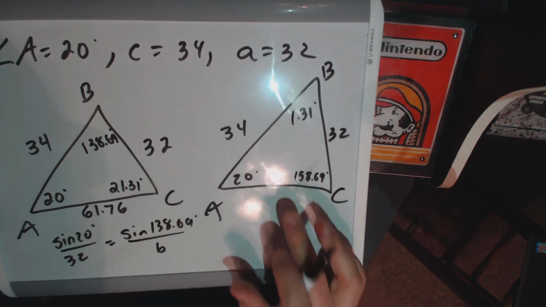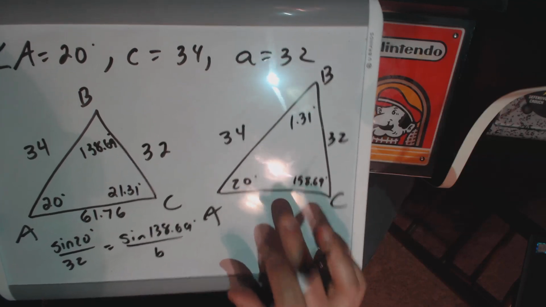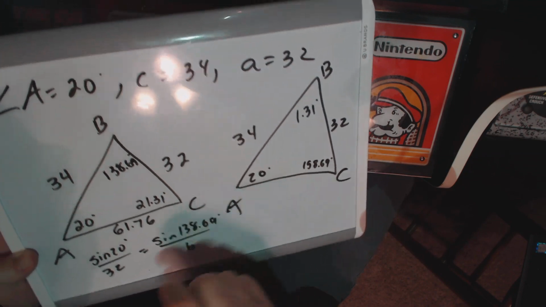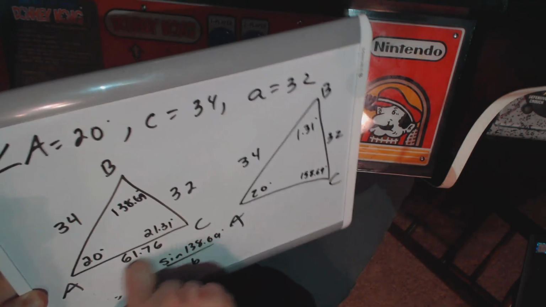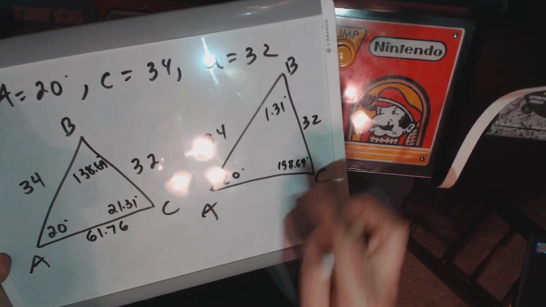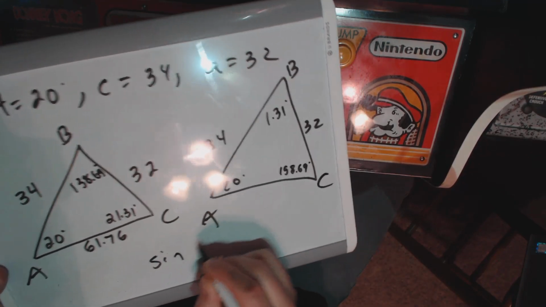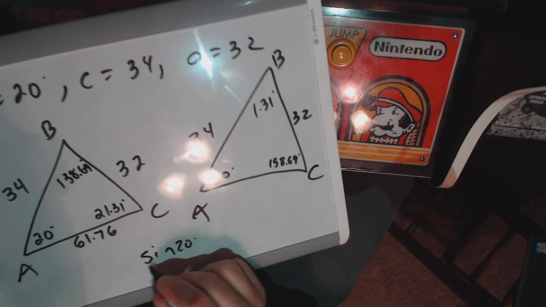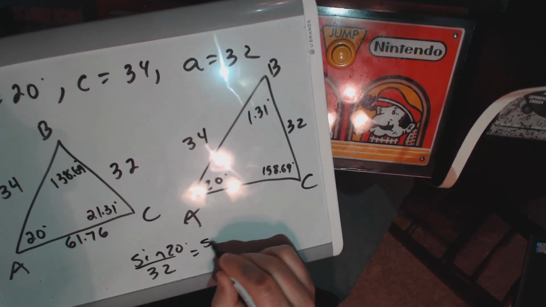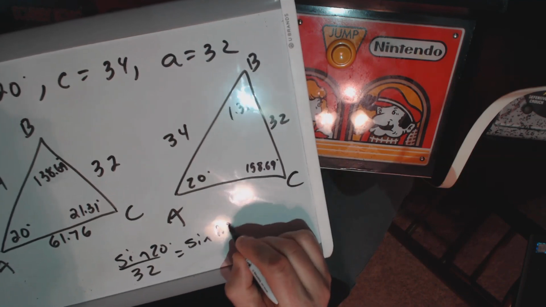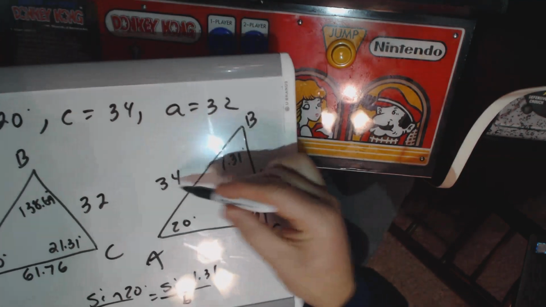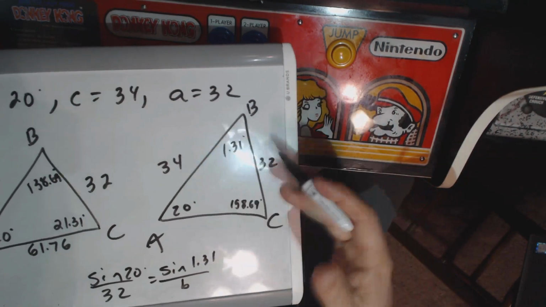This one's going to be different. I can guarantee you this one's going to be smaller, right? But here's what we do. We come over here, and did you know that that same ratio is going to work? Look, it's still sine of 20 over 32 equals sine of 1.31 over B. Someone might say, well, I want to use this one and this one. Great, it'll work. You can use whatever you want.